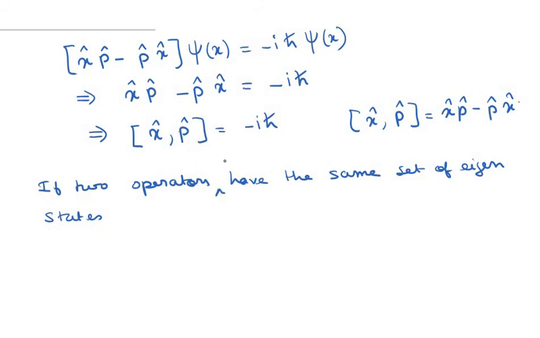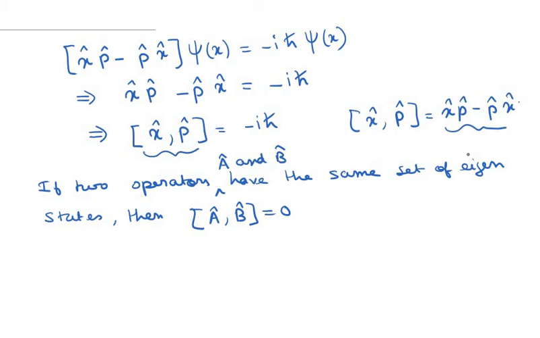Let us say two operators A and B, so A operator and B operator, if they have the same set of eigenstates, then the commutator of A and B is 0. So this is known as the commutator. Okay, it basically commutes the two operators.